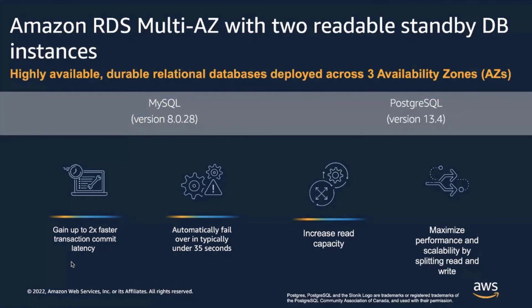The first one is faster transaction commit latencies by about 2x times. The failover times are typically under 35 seconds. It provides increased read capacity with 2 additional read replicas. And it also maximizes performance by splitting the read and write.